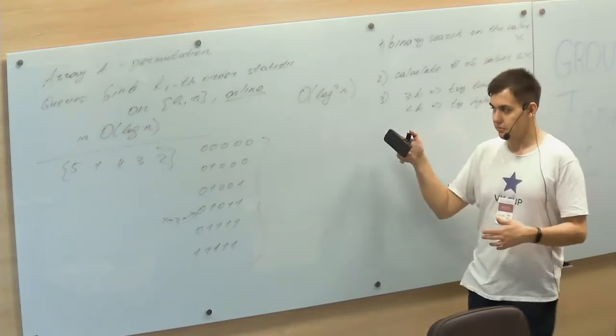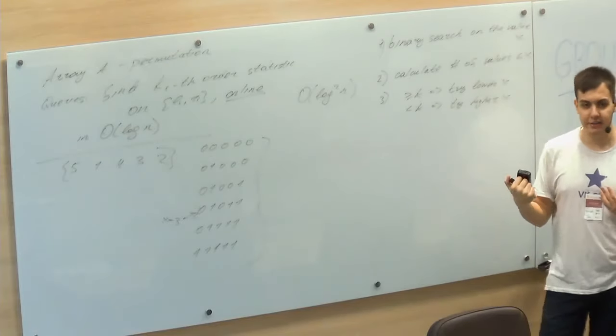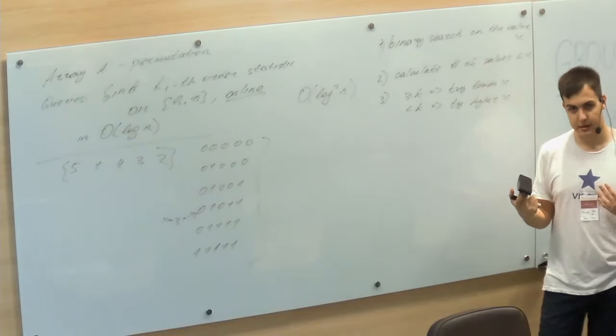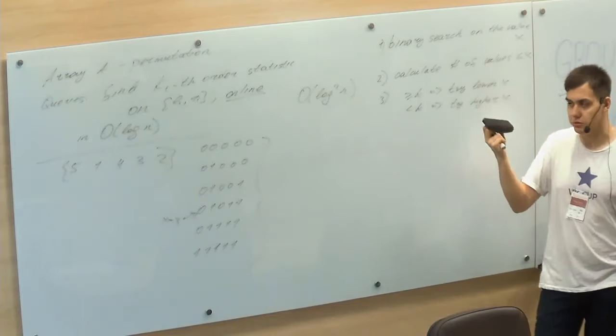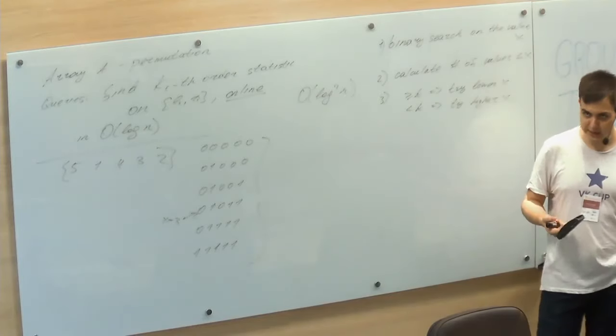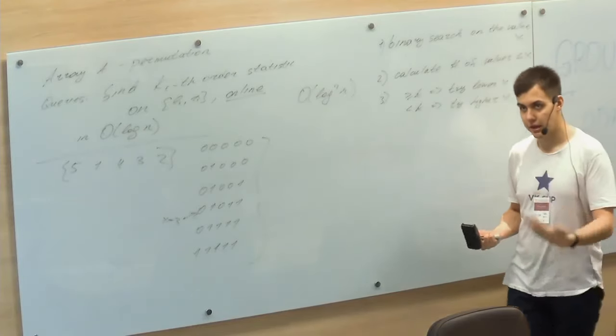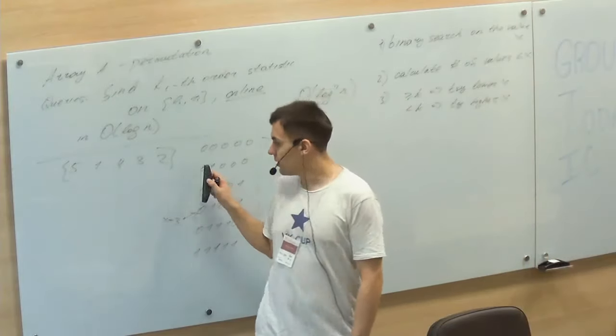Since descending from a tree, you already do some kind of binary search, and usually you can combine these two into just one single descent from a tree. Not always, but it is common to happen like this.